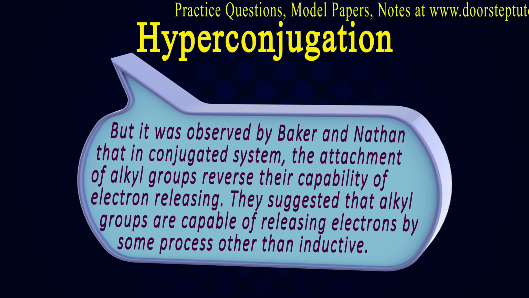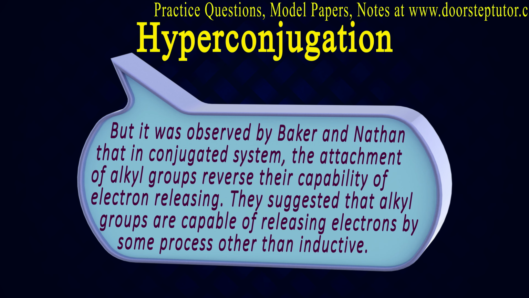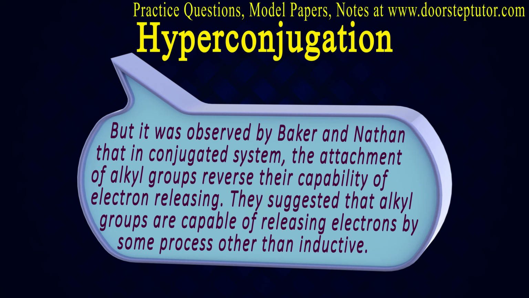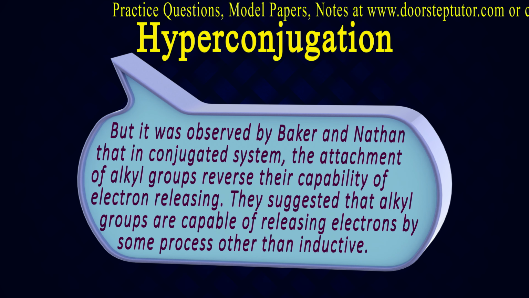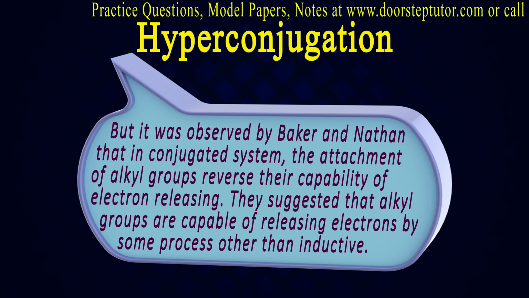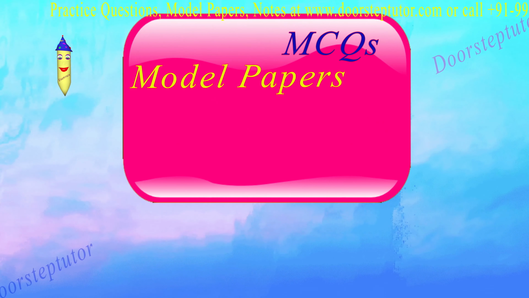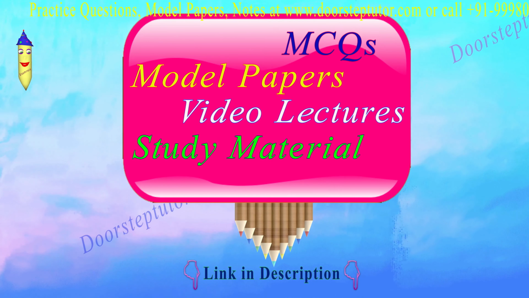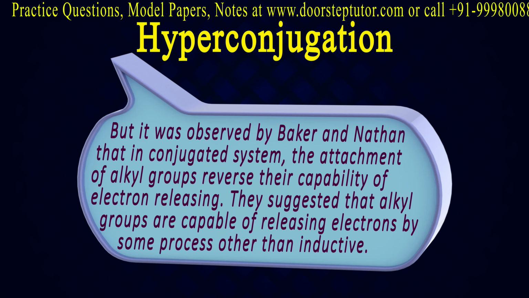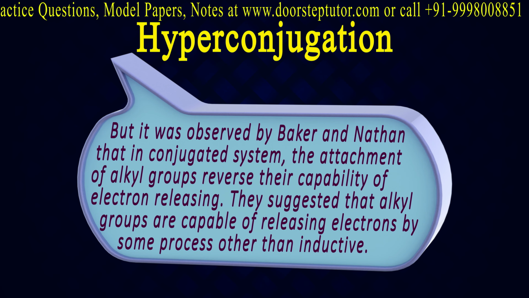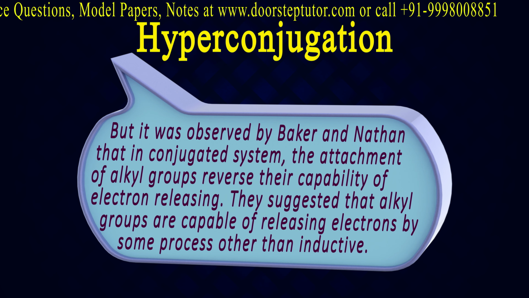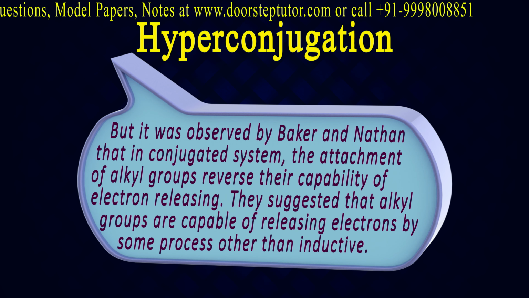So Baker and Nathan said that the alkyl groups attached with the conjugative system have reversed their capability of electron releasing. They suggested that alkyl groups are capable of releasing electrons by some process other than inductive effect.